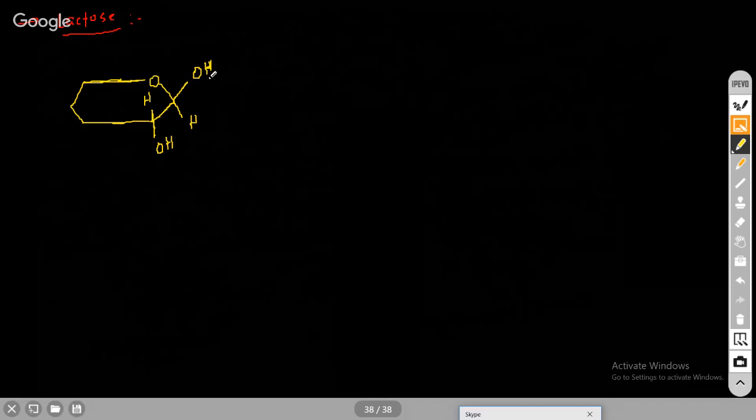So OH on the top, beta, second carbon OH on the bottom, third carbon OH on the top, H on the bottom. So ideally this OH should be on the bottom if it is glucose, right? This is the fourth carbon, configuration is different. So OH will be on the top, H will be on the bottom, and here it will be same, CH2OH on the top and H on the bottom. So it is beta D galactopyranose. Correct?